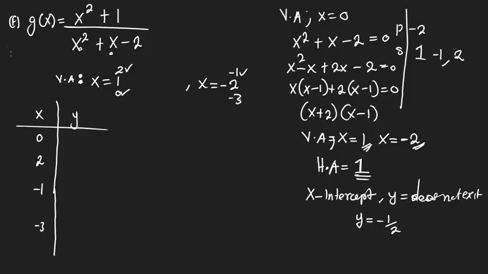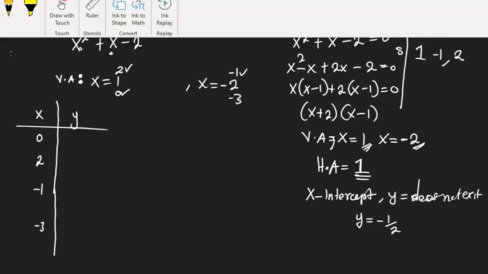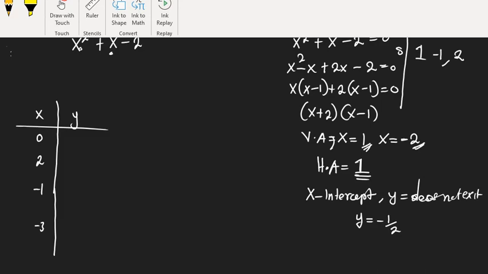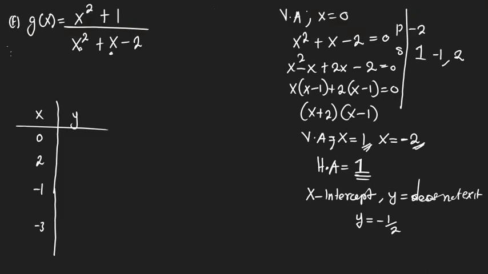Let's start putting in the points. If I put 0 there, the bottom will be negative 2. It will be negative 1 over 2.